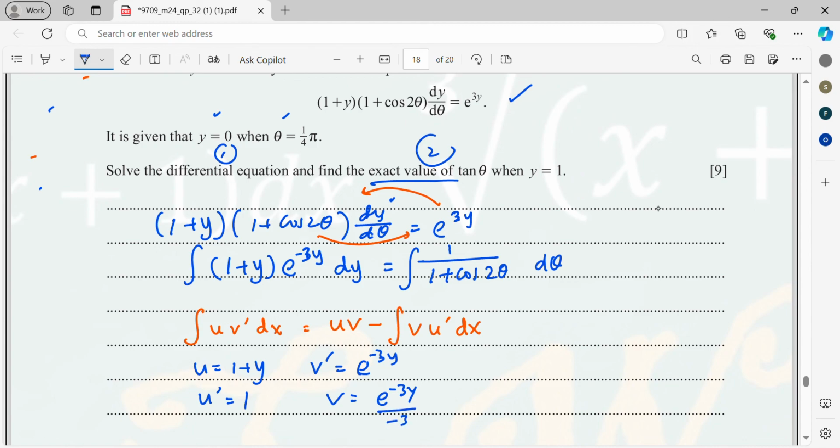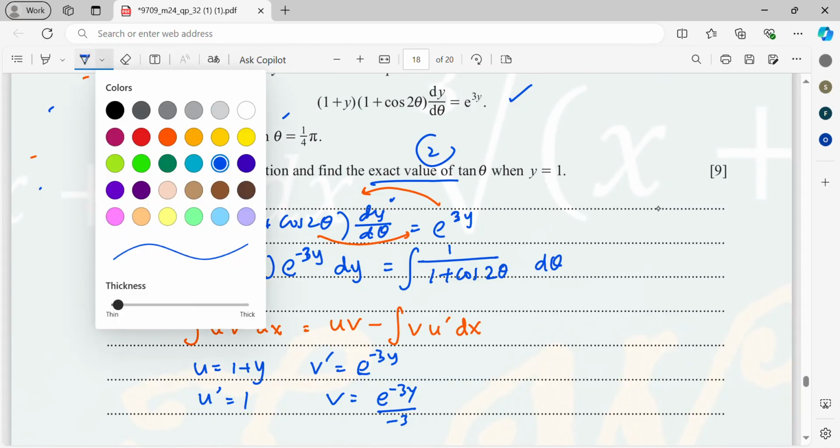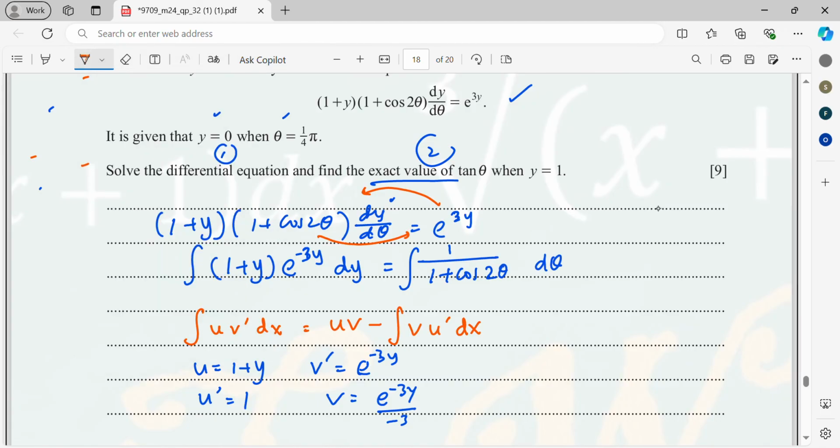Okay, now for the right hand side, I need to simplify using the double angle formula, which is cos 2a equals to 1 minus 2 sine squared a, or you can choose 2 cos squared a minus 1.